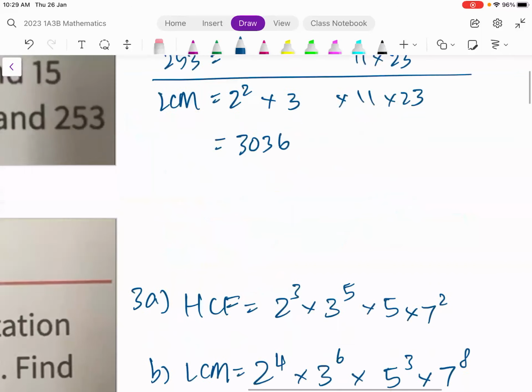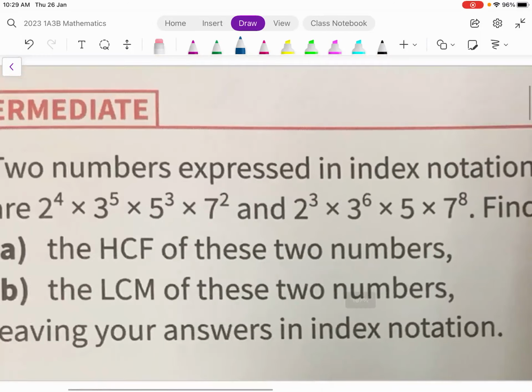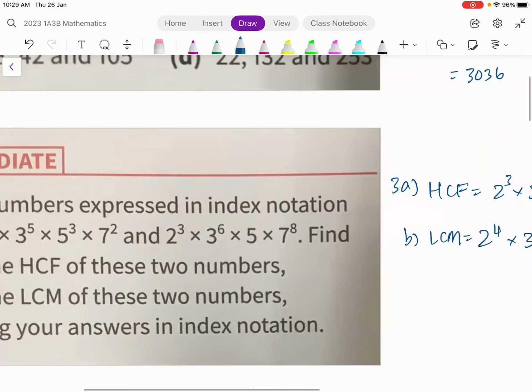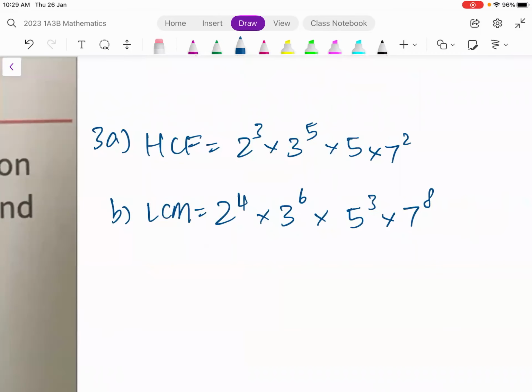Let's move on to question 3A. In question 3A, they gave you 2 numbers in index notation, and you are asked to find the HCF and LCM. So as shown. In fact, there's no working required. It's just comparing the 2 numbers, finding the lowest powers for the HCF, and finding the highest powers for the LCM. So anybody needs to go through? If you do, raise hand.